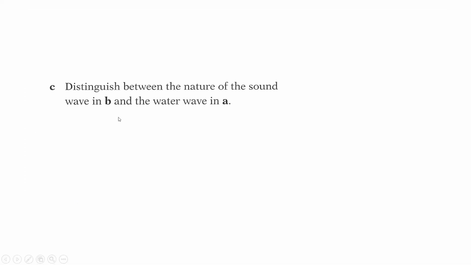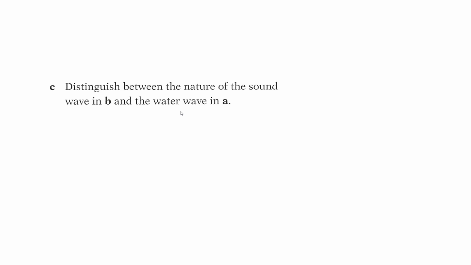C. Distinguish between the nature of the sound wave in B and the water wave in A. So here we have two types of waves: sound waves and water waves. Firstly, you should distinguish between them. You should know what kind of wave each one is.